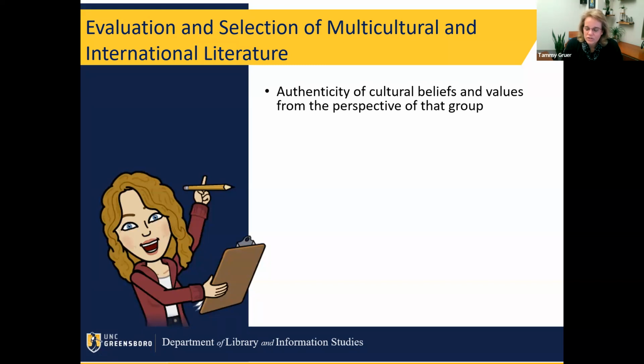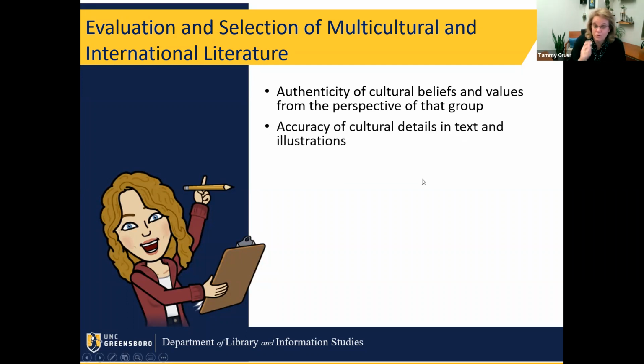Many authors do very detailed research so that they can speak from that authentic voice, right? There's lots of debate out there if a person from a different race or a different culture can actually write a book about a different culture that they're not a part of in an authentic way. So I think there's definitely room for debate there.